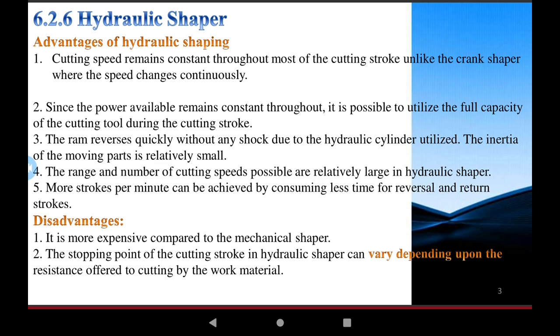The cutting stroke in the hydraulic shaper is available through power and pressure.